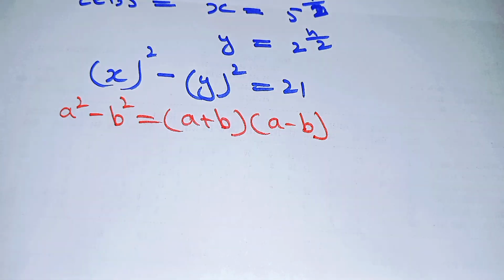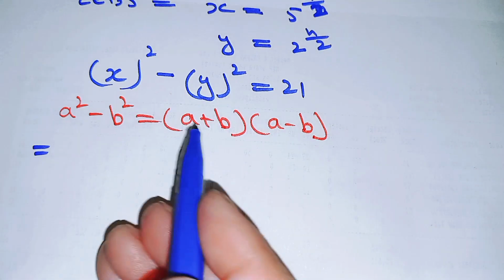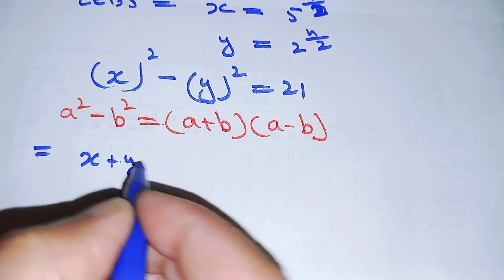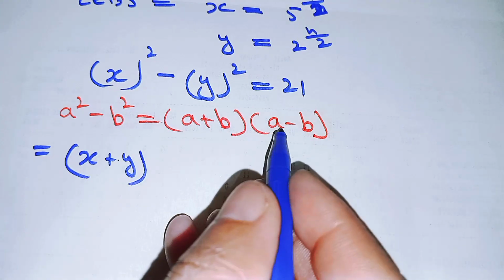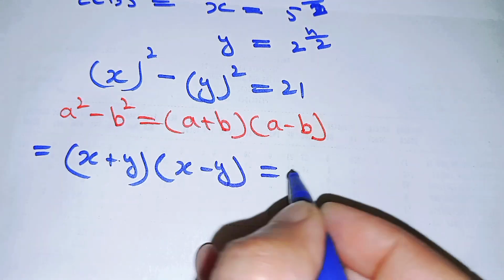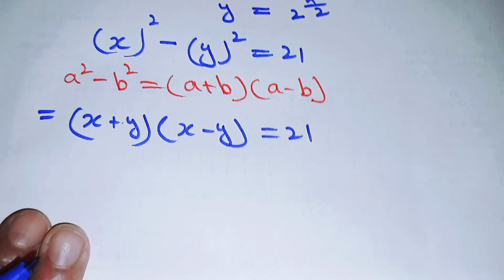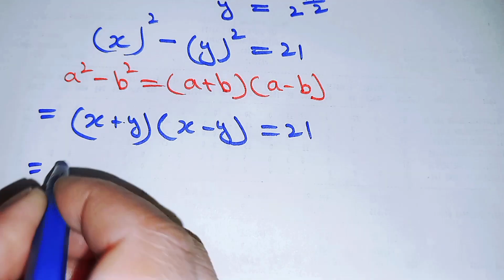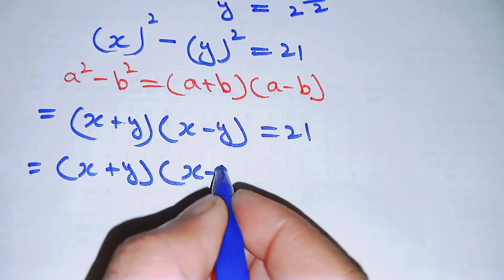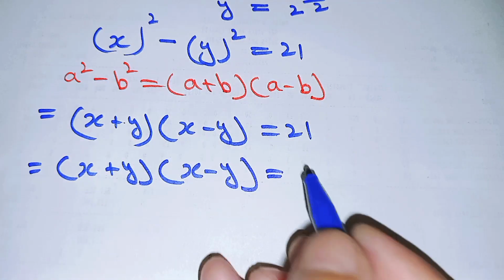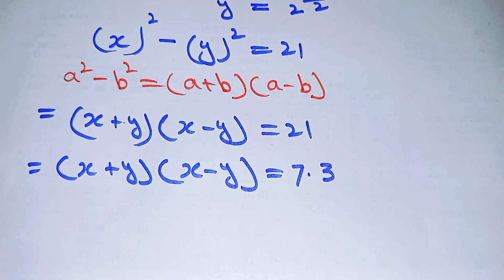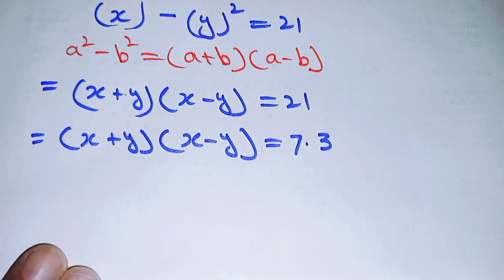So a plus b is x plus y, and a minus b is x minus y, and the product is equal to 21. Now 21 can be written as 7 times 3; 7 multiplied by 3 is equal to 21.